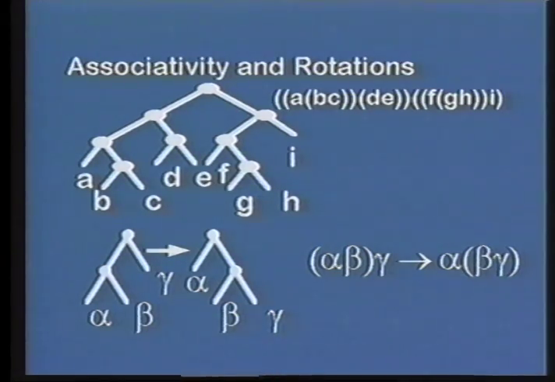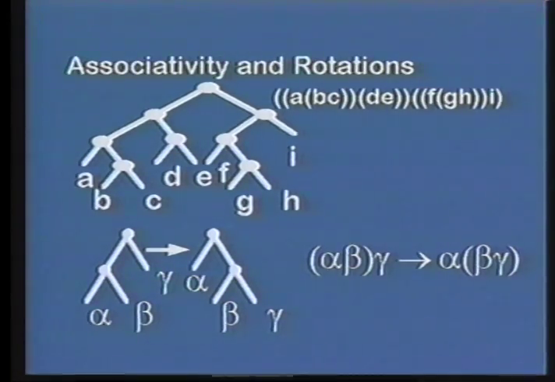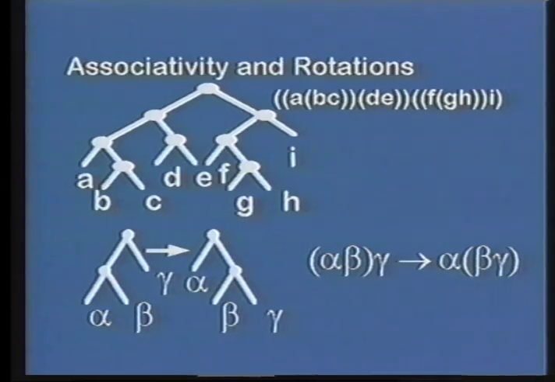In that case, what this rotation means is that alpha, beta, gamma is being rotated over into alpha, beta, gamma. So this is why I call this the associative law.